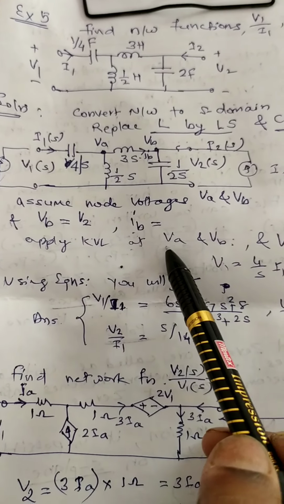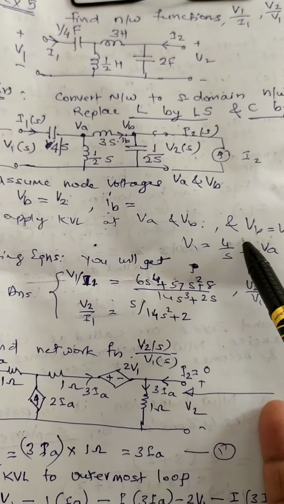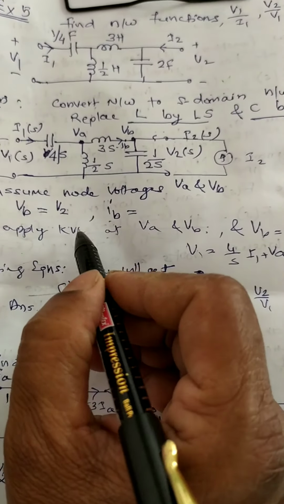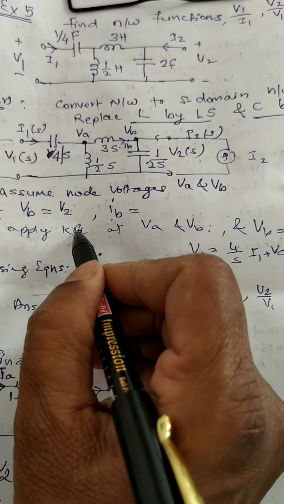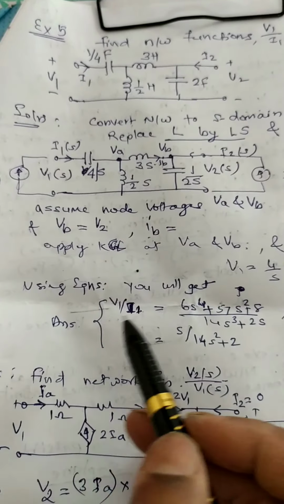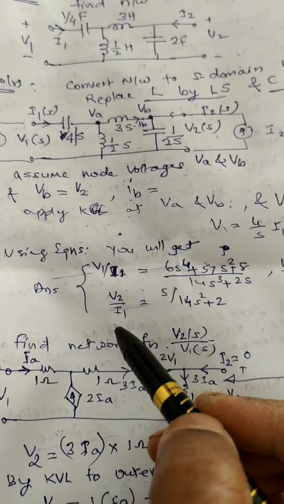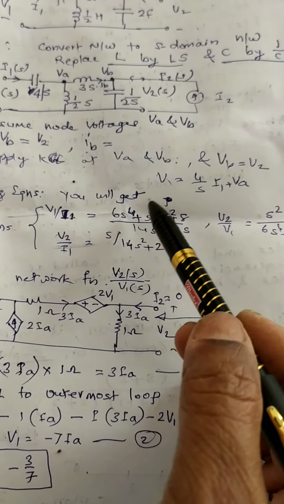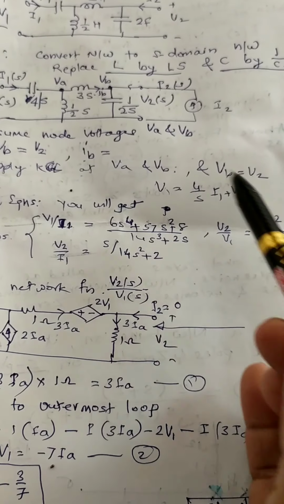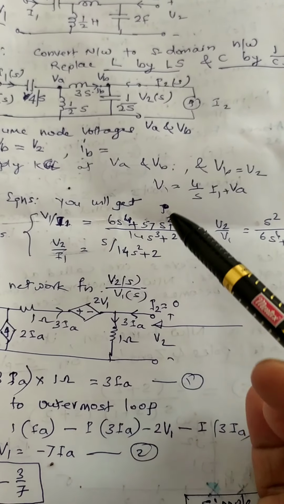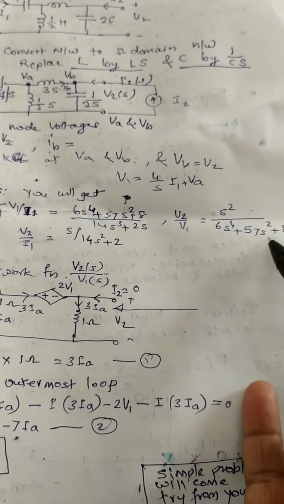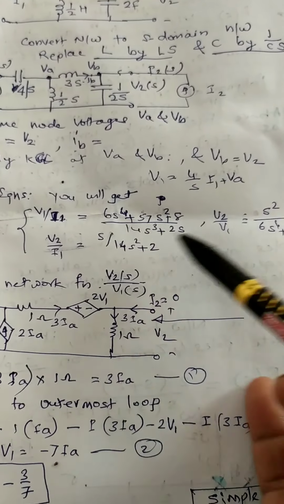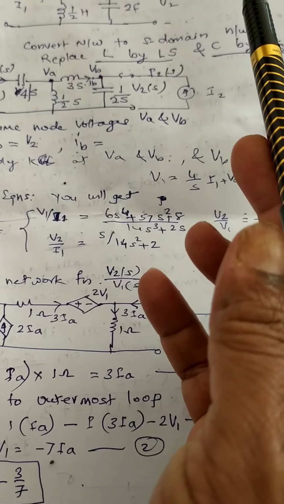Similarly, apply KVL and KCL at VA and VB. Writing various equations, you will get these answers. Since this is an assignment for you, you must see to it that these ratios come out like this.